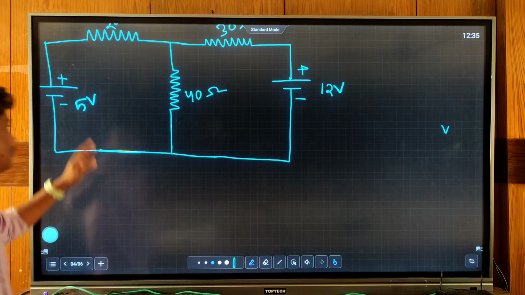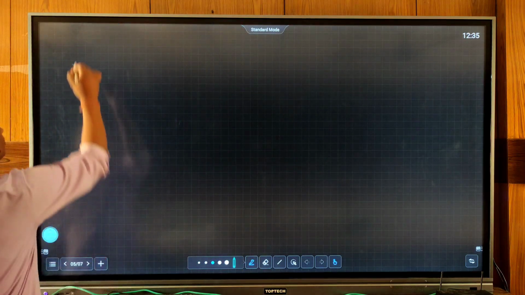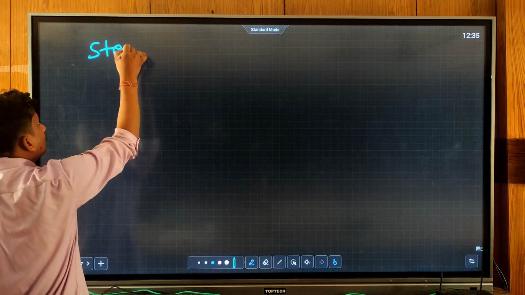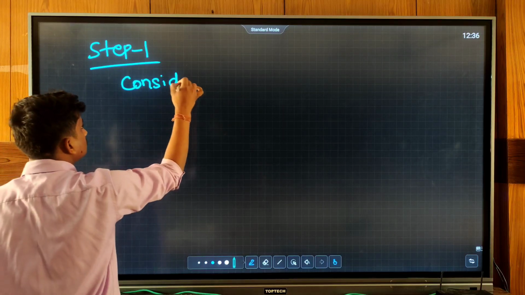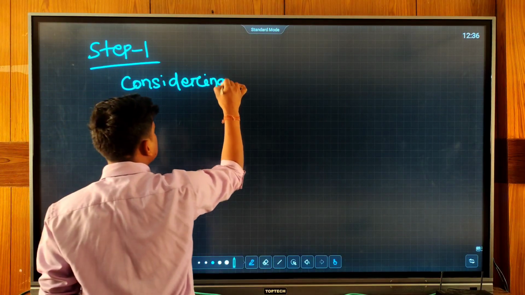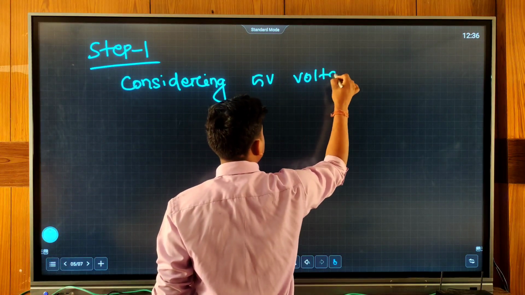So first we consider the 5 volt source in step number 1.